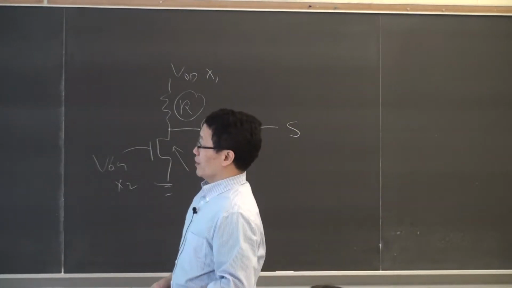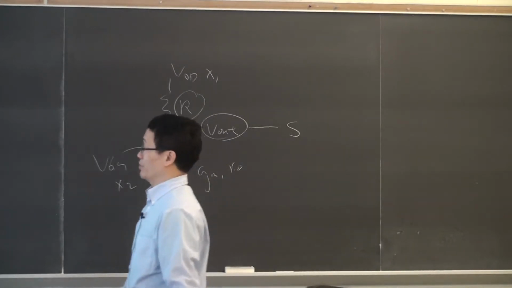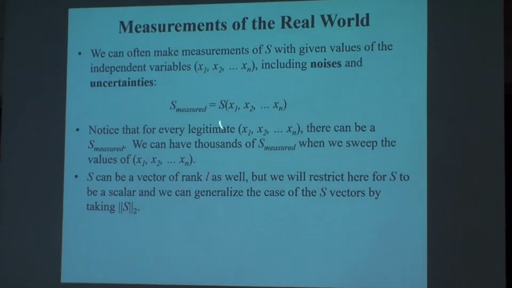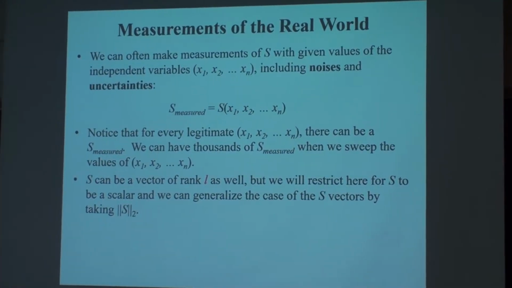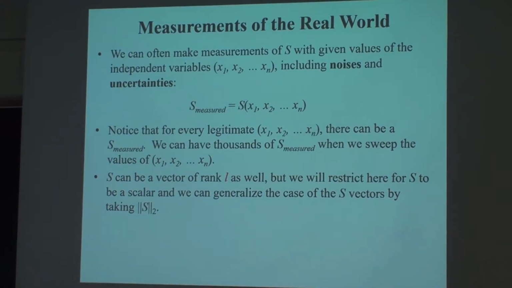And what is this for? It has a huge number of applications. Notice that for every legitimate input vector, you can sweep this and generate thousands, millions of outputs, and you can measure them all.